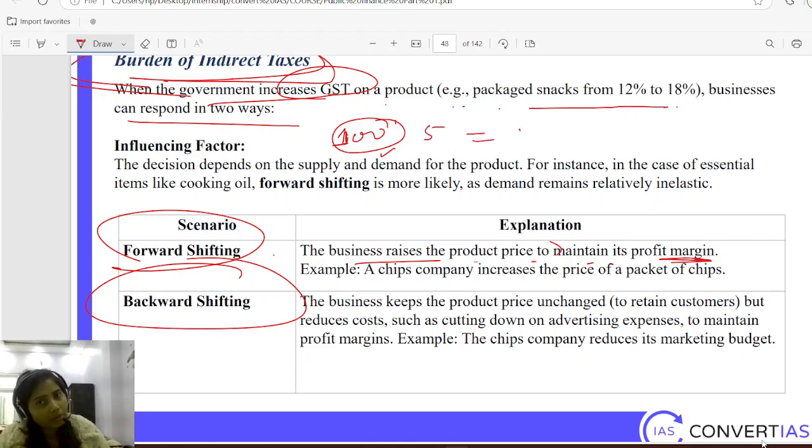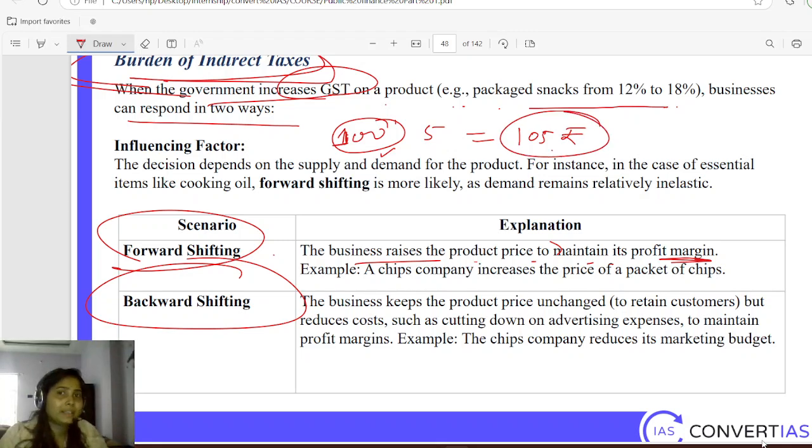If the producer is charging 105 rupees for that biscuit, that means they are doing forward shifting of that tax, because their profit margin is the same. Earlier it was 100, even now it is 100.